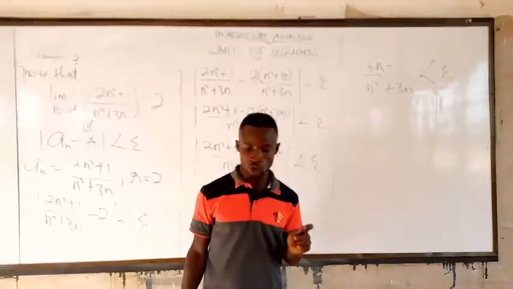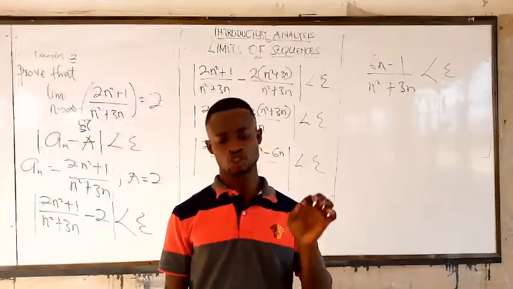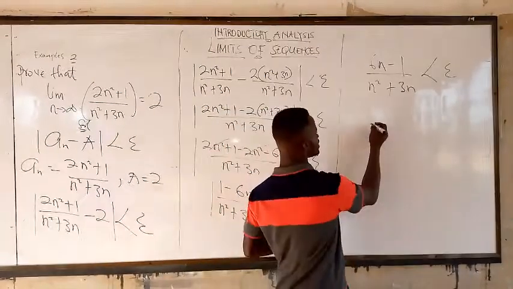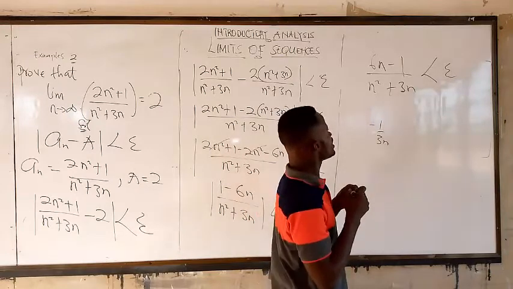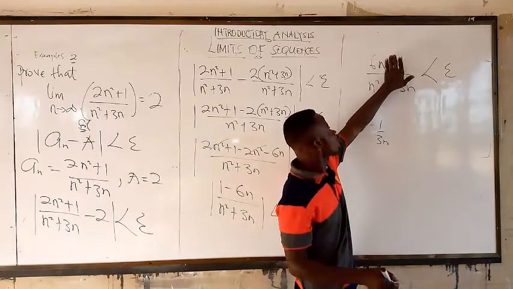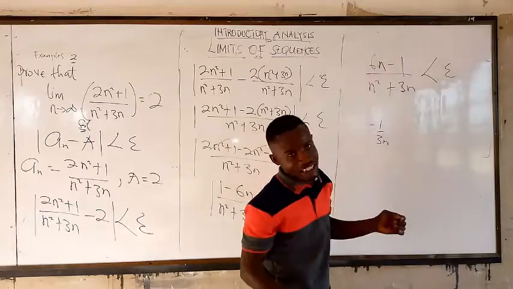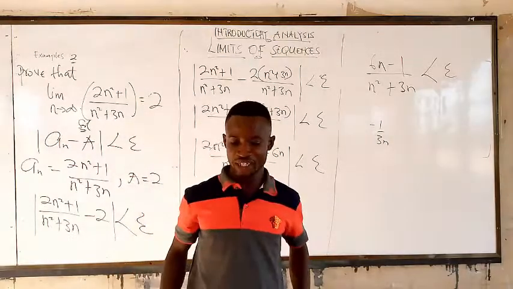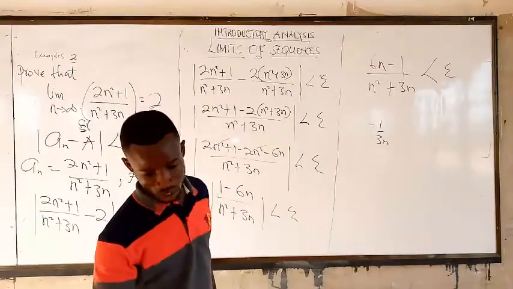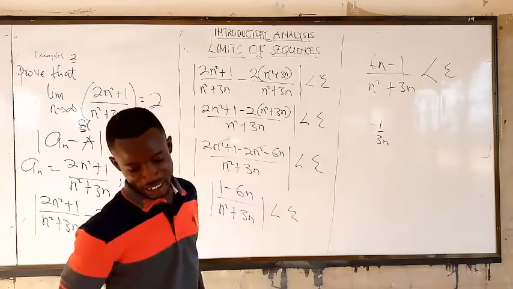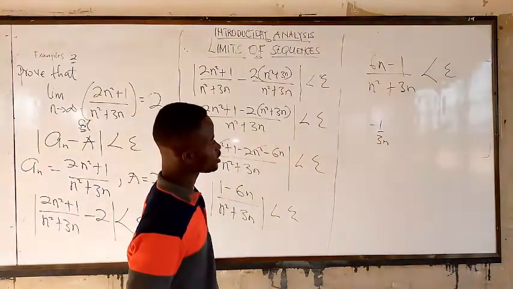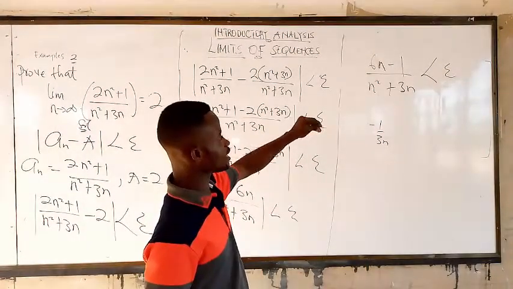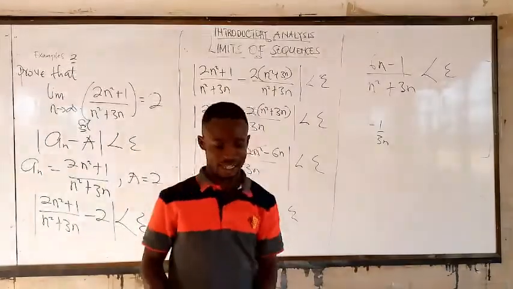For the epsilon to be bigger, we need to drop the negative 1 and the 3n. We need to drop whatever is here and focus on only the one here. In the numerator we drop the negative 1, and in the denominator we drop the 3n.